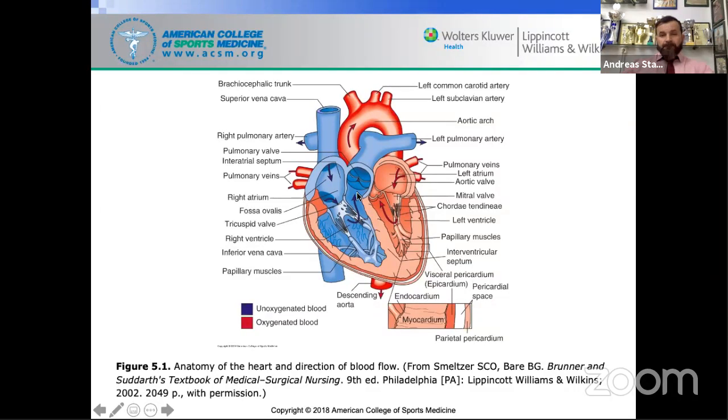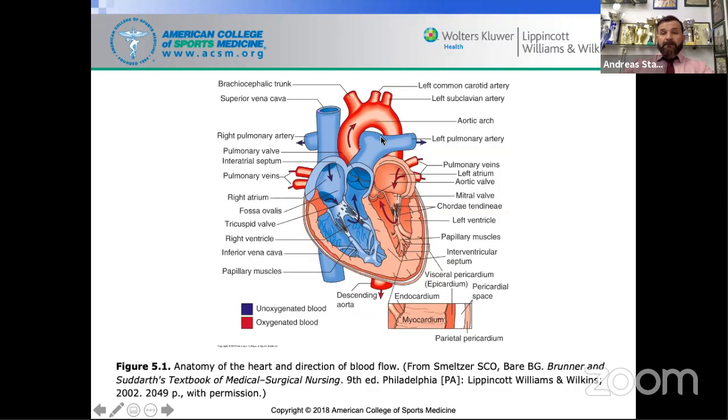From there, it will come here and will go out. We'll have another valve right here. What is it called? Pulmonary valve. So the blood is going to come out and go through the left and right pulmonary arteries to where? To our lungs. The pulmonary valve will close to prevent backflow.